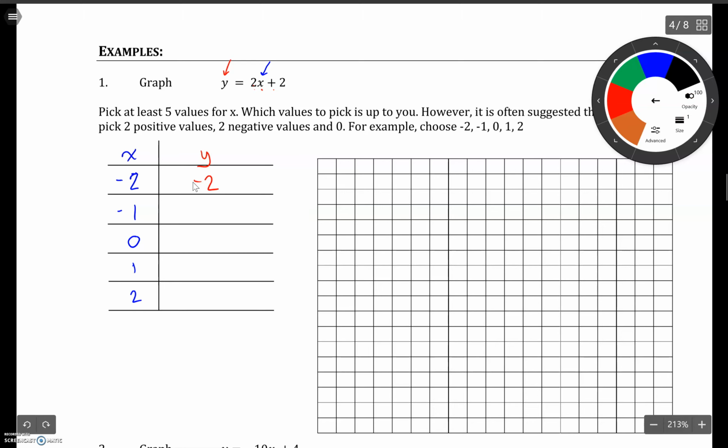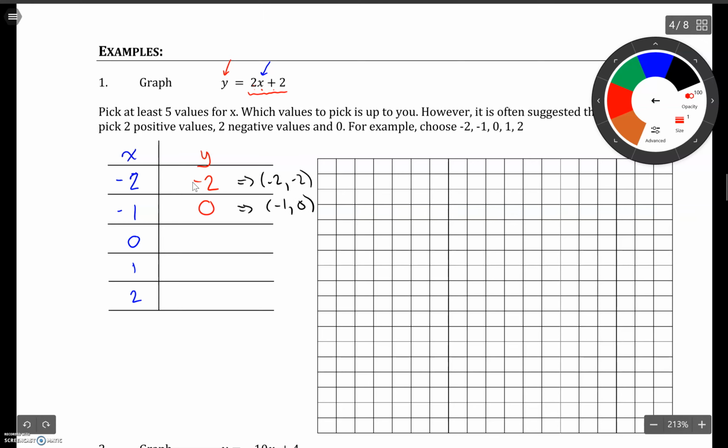So my first ordered pair that I'm going to graph is -2, -2. Then I calculate the y value for my next x value. When x is -1, y is 2 times -1 plus 2, which comes out to 0. So my second ordered pair is -1, 0.